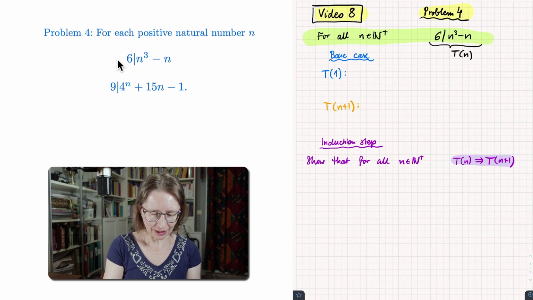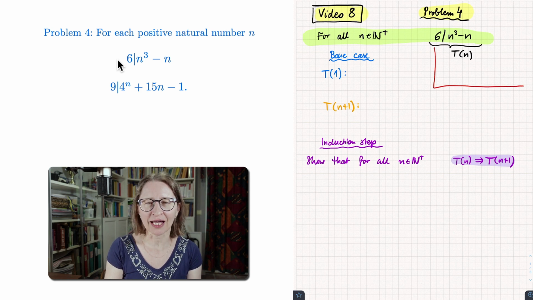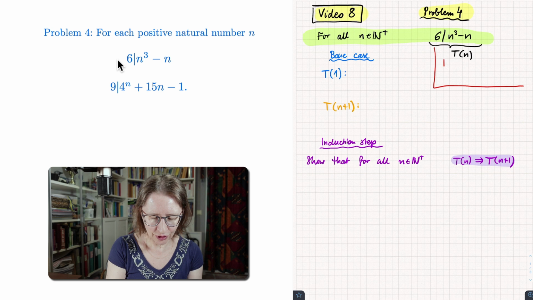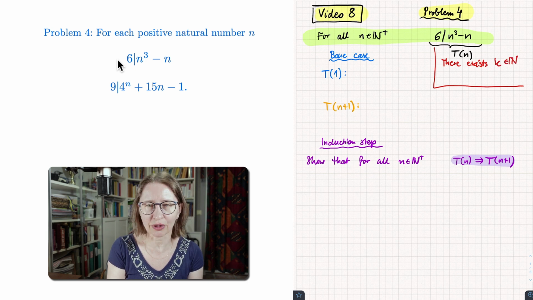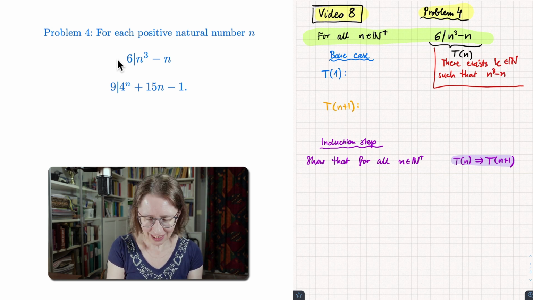So we can rewrite this T of n in the way that there exists k, a natural number k, such that n to the third minus n is equal to 6 times k.